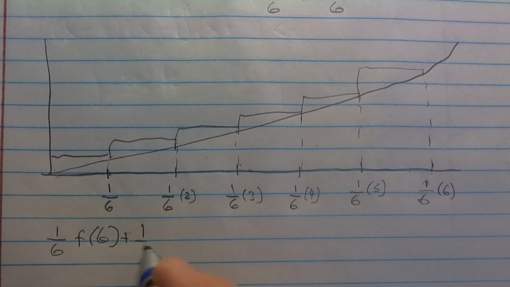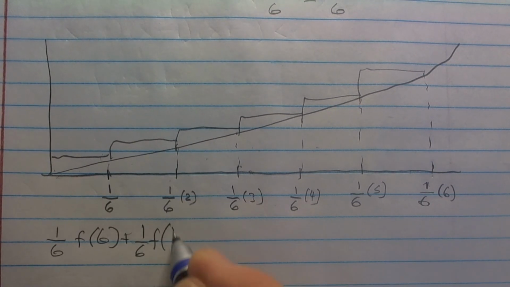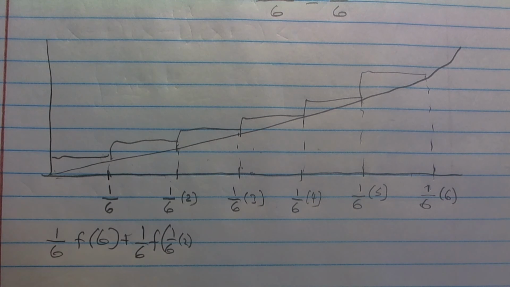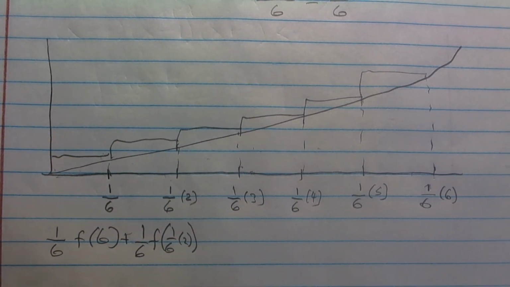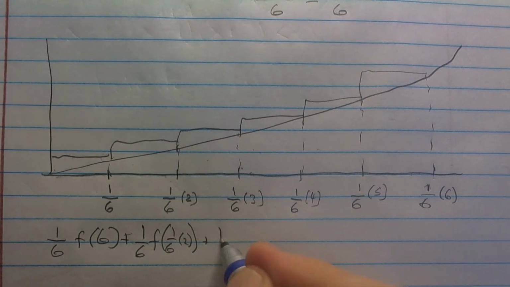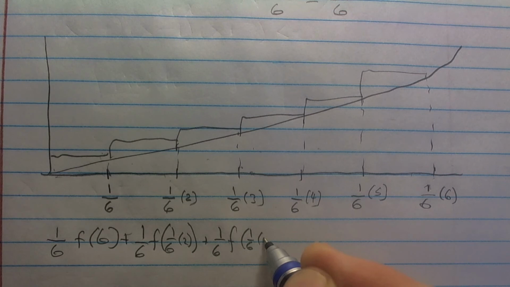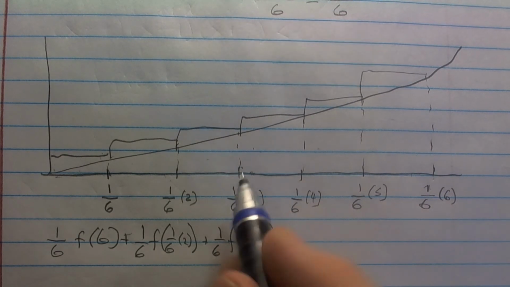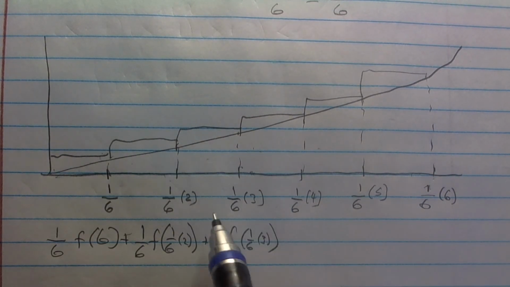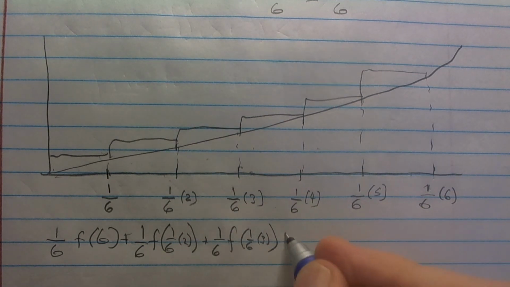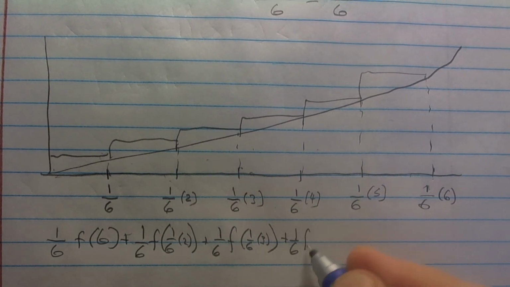I take 1/6 times f of 2/6 for the second rectangle. And then 1/6 times f of 3/6, that's the next rectangle. I'm just adding up all these areas, and I keep going with this.